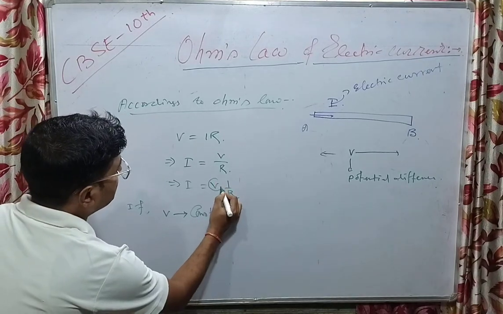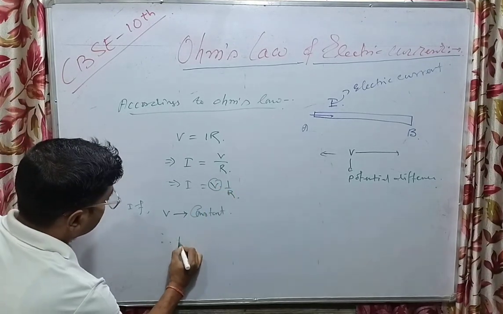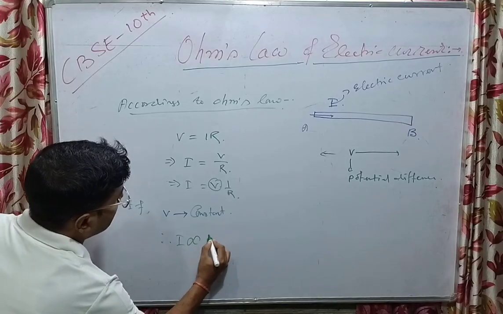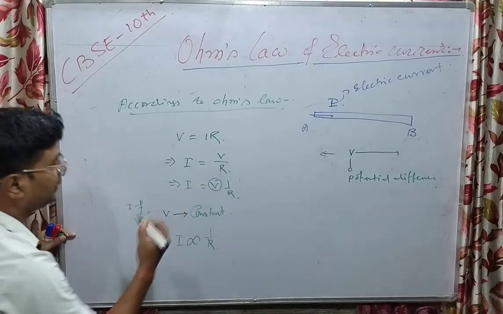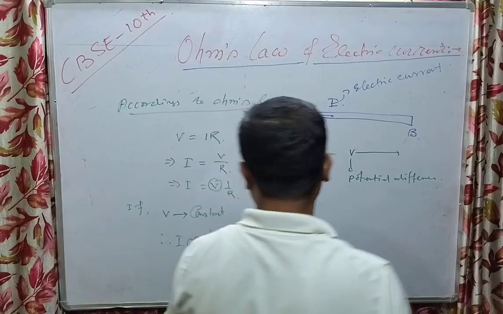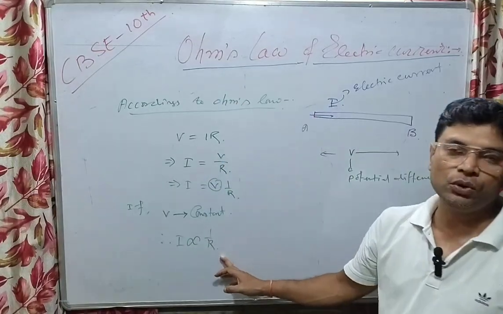If potential difference is constant, then the amount of current is inversely proportional to resistance.